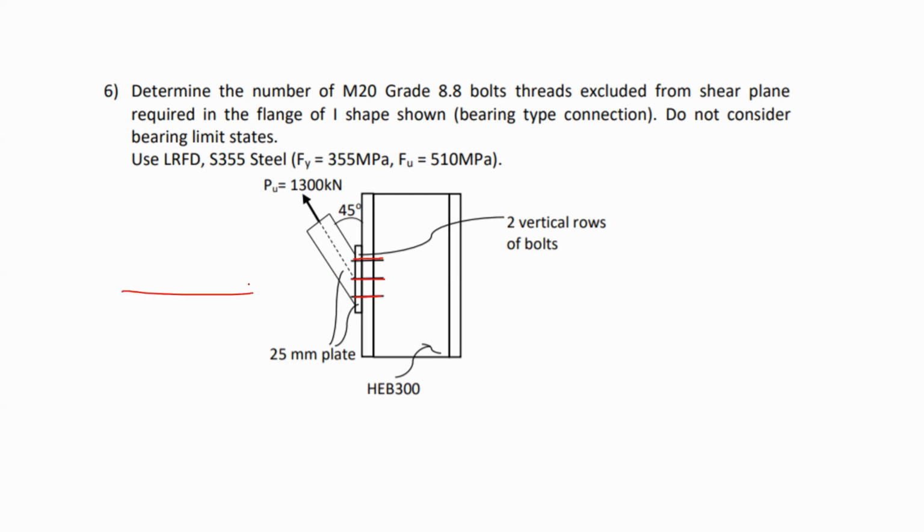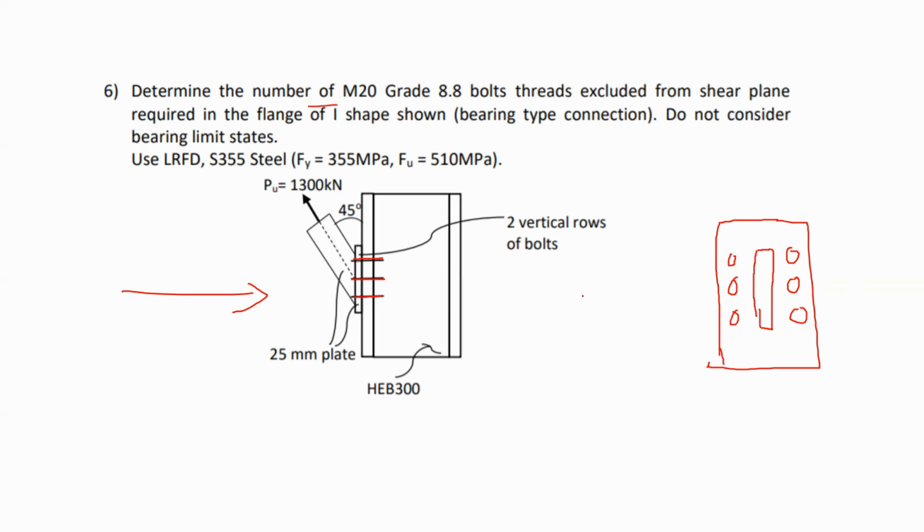If you look from this direction, you would see something like this, and you have your bolts over here, 2 vertical rows of bolts connected. So we have to determine how many bolts we need.